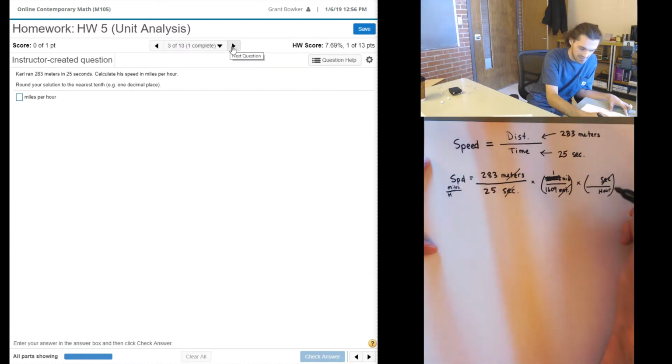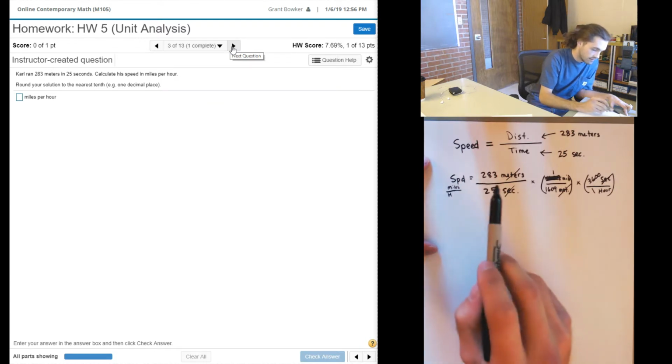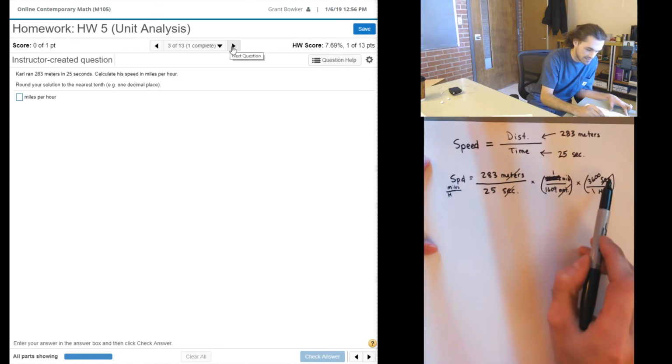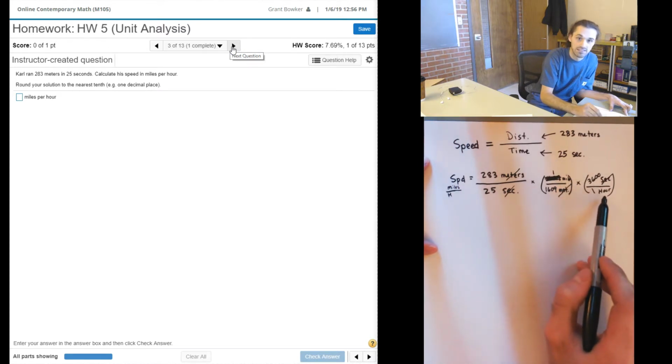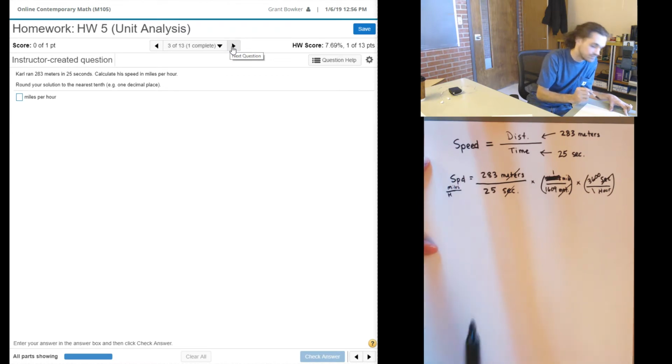Well, what's the relationship between seconds and hours that forces this fraction to equal 1? Well, there's 3,600 seconds for every 1 hour. Now recognize we're essentially done here. Meters went away with meters, seconds went away with seconds. In the units that have survived, miles upstairs, hours downstairs. So hence, there's my units of miles per hour.